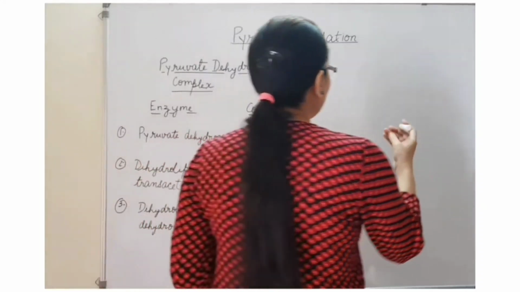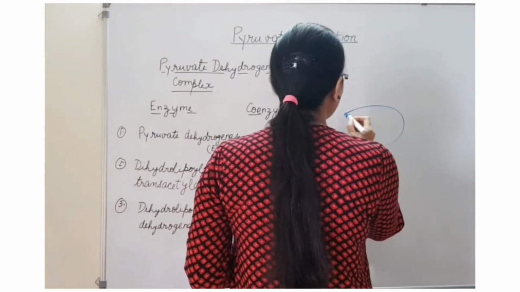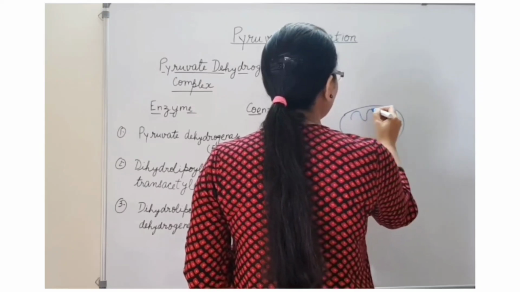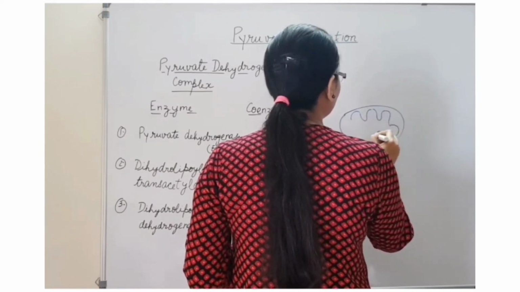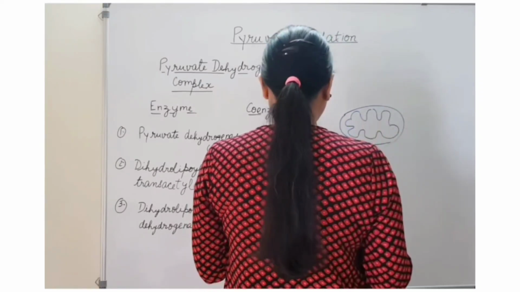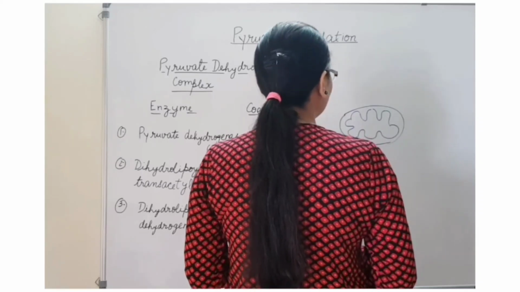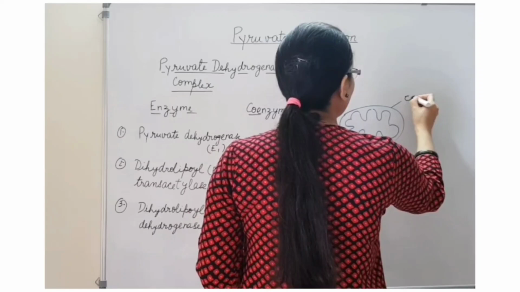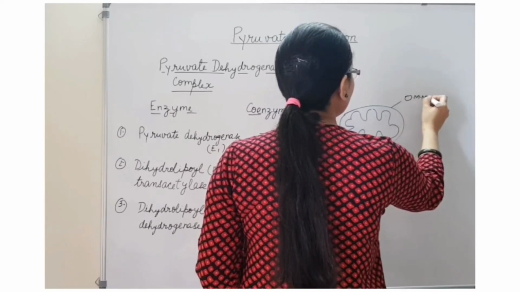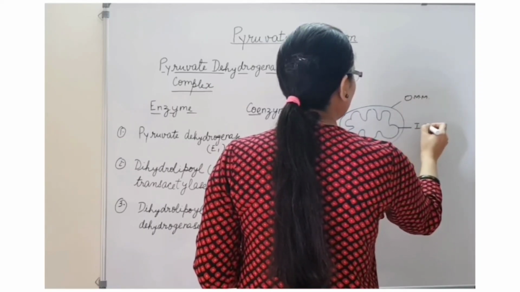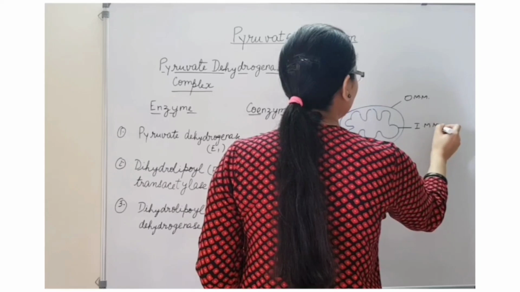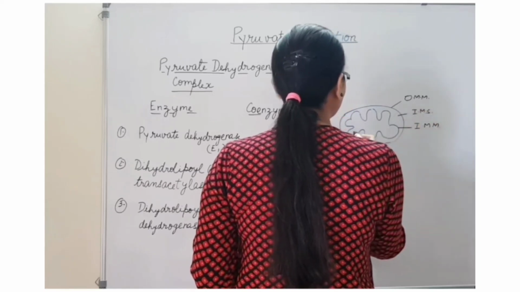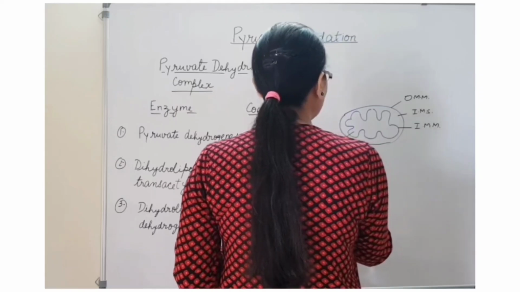Now let us see where it is located. This is mitochondria. Outer mitochondrial membrane, inner mitochondrial membrane, intermembrane space, mitochondrial matrix.